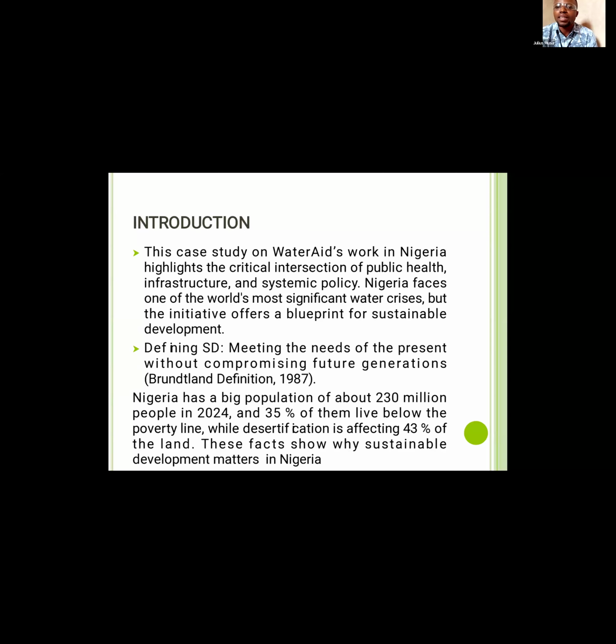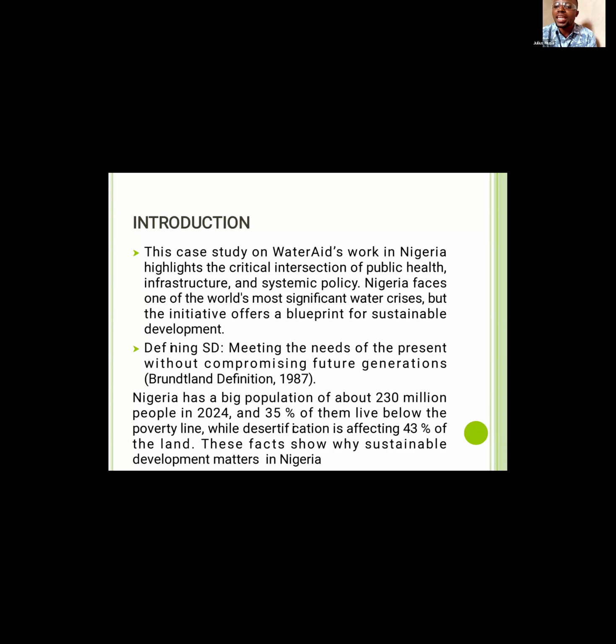Then, not wasting time in defining sustainable development, which was put forward by Brundtland in 1987, we all know what it is. But statistically, Nigeria has a big population of about 230 million people, that's the statistic for 2024, and nearly 35% of them live below the poverty line, which is very bad.